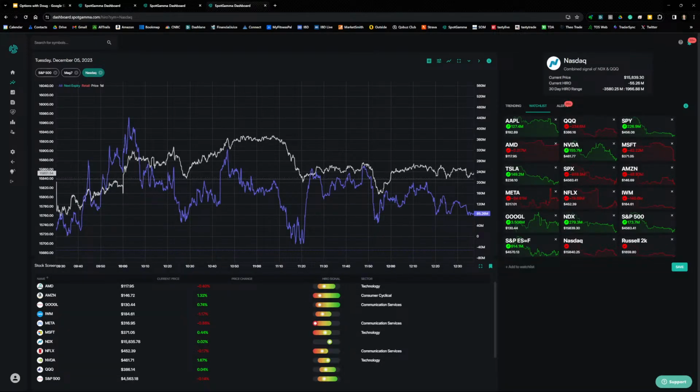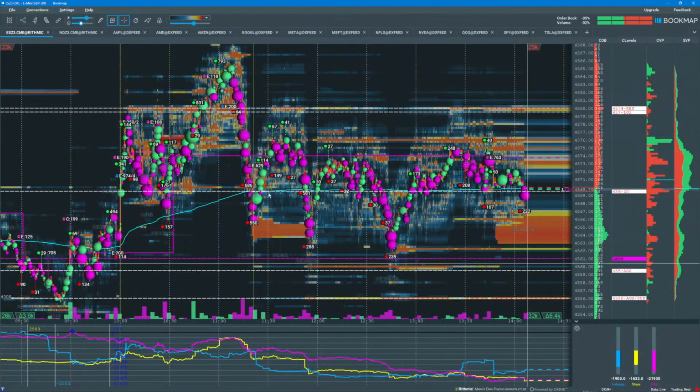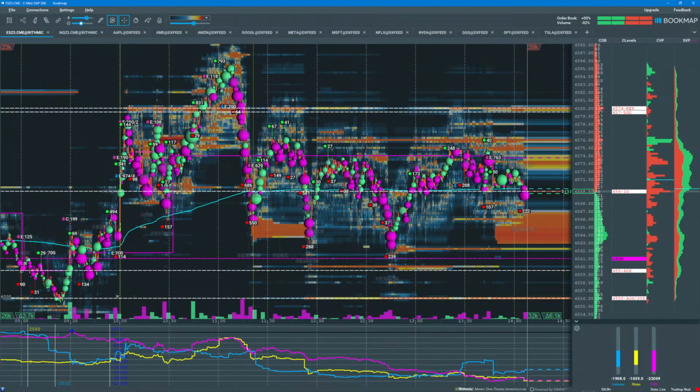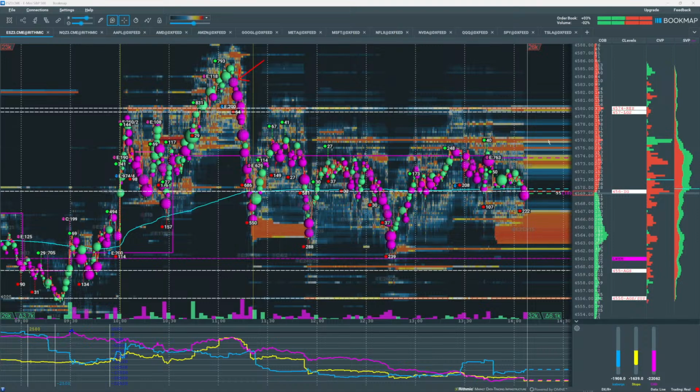All right, let's go take a look at Bookmap again. So after this move higher, that was confirmed by order flow and especially hedging flow, traders buying calls in the S&P 500, the sharp move lower that was preceded by a lower hero signal in the Magnificent 7 hero indicator.